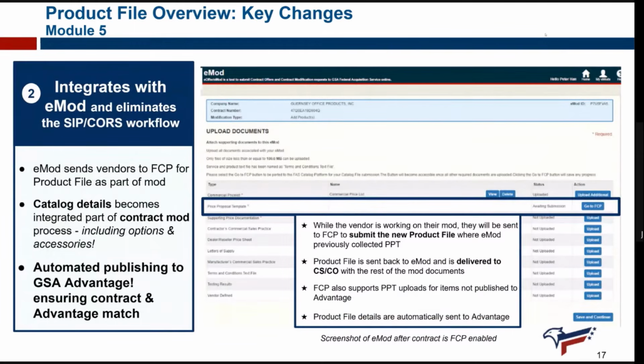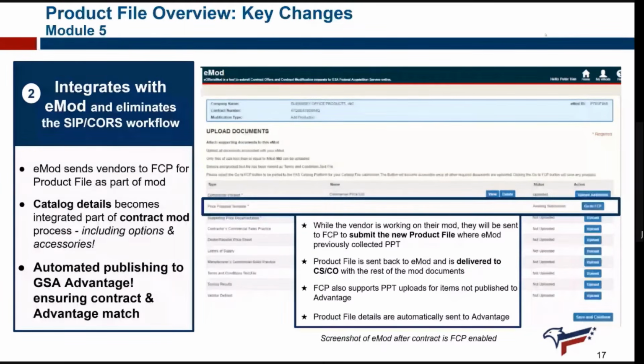Another key change for the product file: FCP has fully integrated the product file into eMod, eliminating the need for SIP and CORS workflows. So here's how this works. When a vendor creates a modification in eMod, they're automatically sent to FCP to submit their product file. The product file becomes an integrated part of the contract modification process, also including fields for options and accessories.